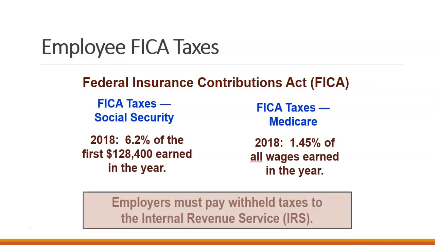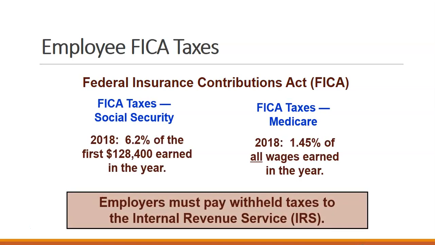First, we're going to talk about FICA taxes. So we must withhold FICA taxes from our employees' payroll and then send those to the Internal Revenue Service every quarter. So what comes out in our FICA taxes are Social Security and Medicare.